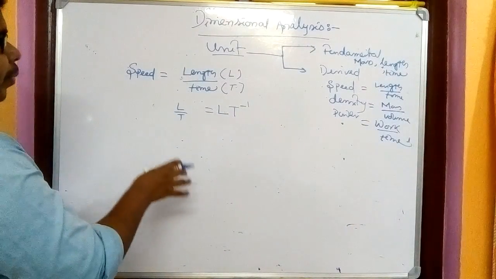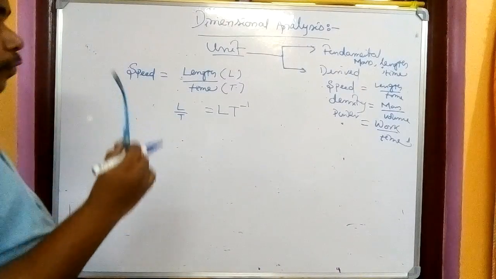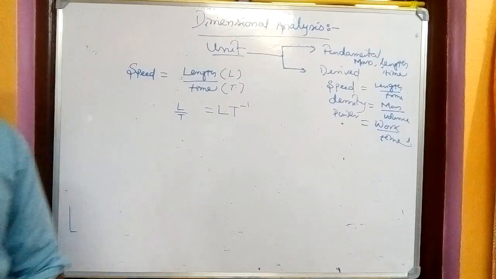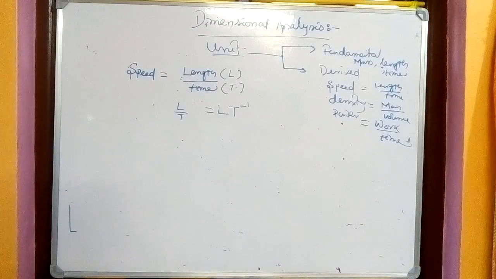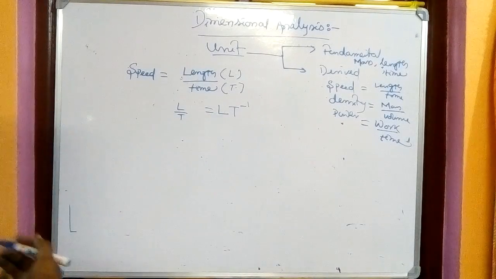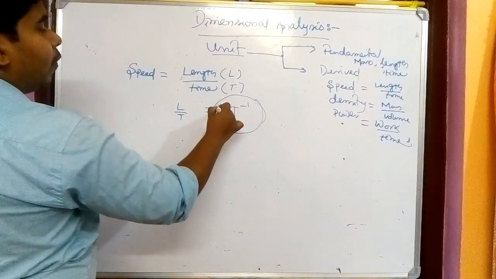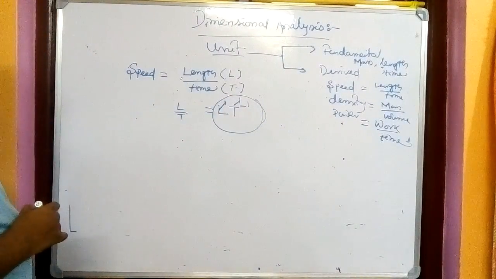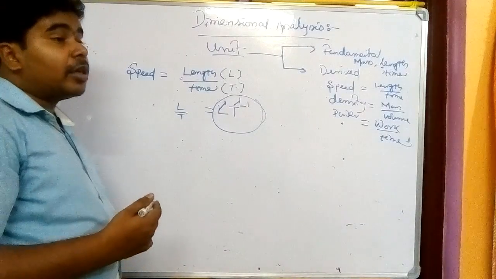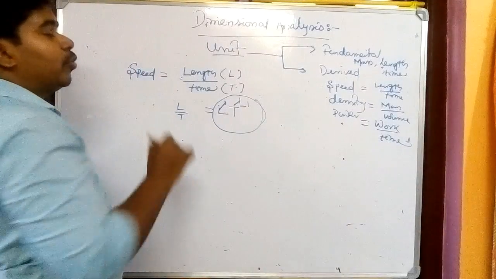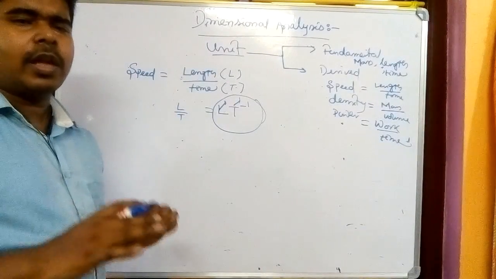So we can represent speed in the form of L T to the power minus 1, and this power is basically the idea where the dimension of this unit is given with the help of fundamental units. So how many fundamental units are used to represent a derived unit, that is basically the dimensional analysis.